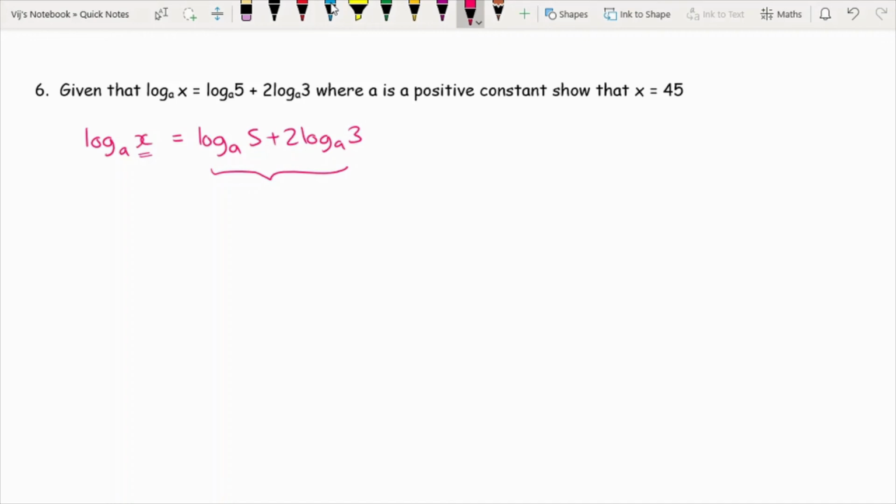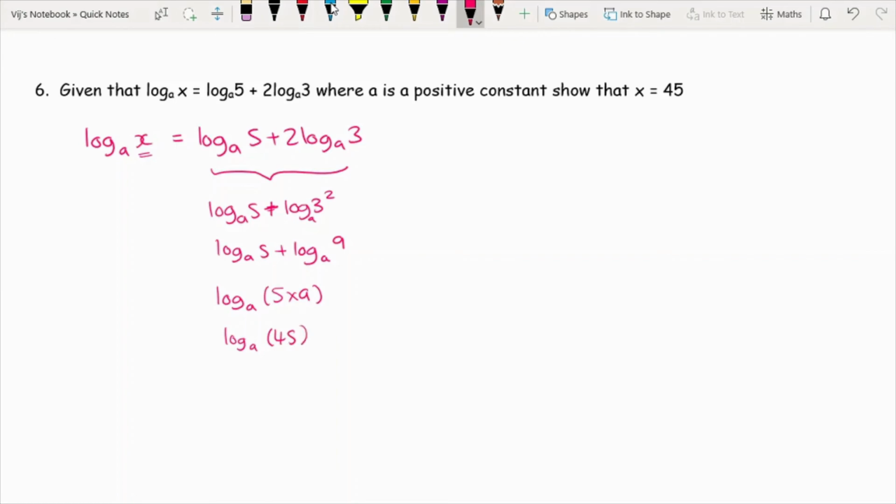First I'm going to get rid of that 2 by turning it into a power. So I've got 3 squared, which then becomes log a of 5 plus log a of 9. And when we are adding, it means that we're multiplying, so I can rewrite this as log a of 5 times 9, which is log a of 45.